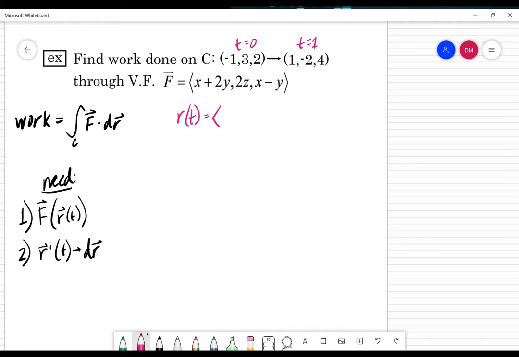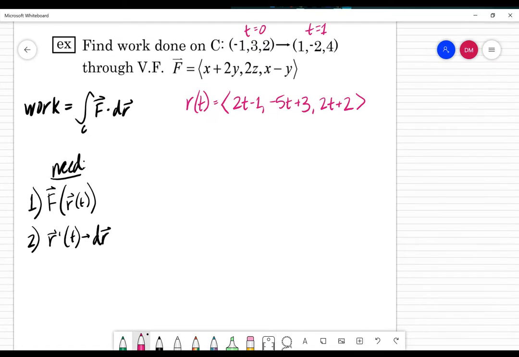I'll go ahead and write out the vector function here for r of t. And that's what I get when writing that for each of those components to go from t equals 0 to t equals 1. So this would be r. We are going to go ahead and rewrite f so that it is also a function of t there. So x plus 2 times y.